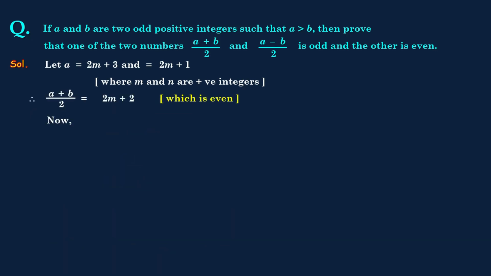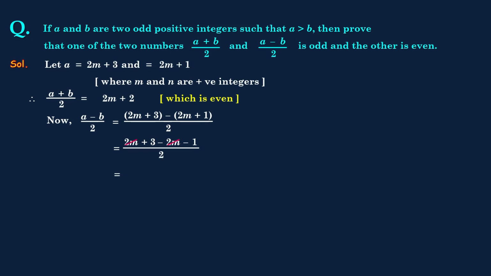Now let us take the other one, (A minus B)/2. Since we got (A plus B)/2 as even, we need to prove that (A minus B)/2 is odd. So (A minus B)/2 will be (2m plus 3 minus (2m plus 1))/2. If we remove the bracket, minus 2m, and minus times plus becomes minus, so minus 1.